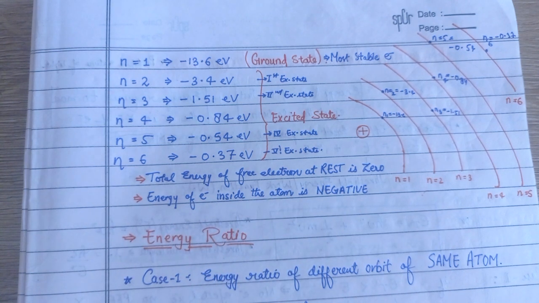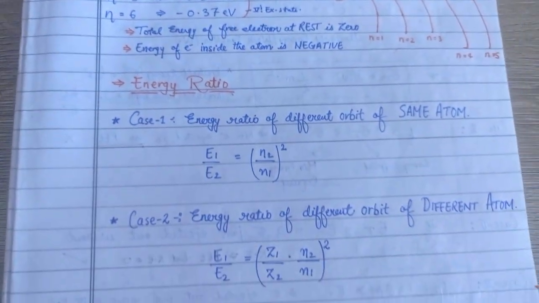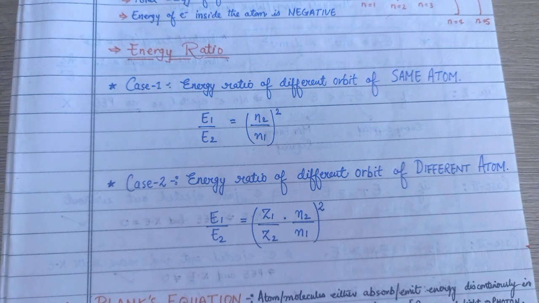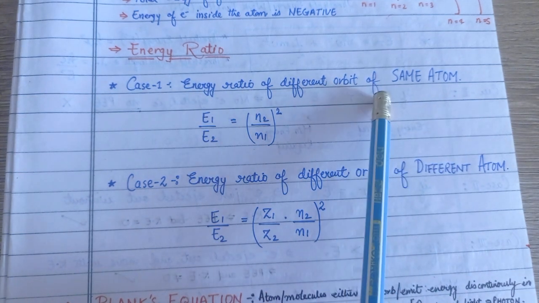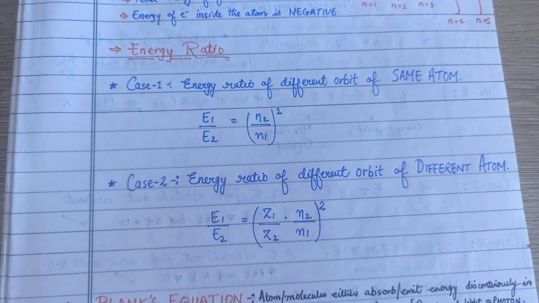Then, my dear student, they may ask you to calculate the energy ratio, just like the radius ratio and the velocity ratio you also calculated. They can ask for the energy ratio of different orbits of the same atom. For example, the first orbit of lithium and the fourth orbit of lithium. The atom is the same but the orbit is different.